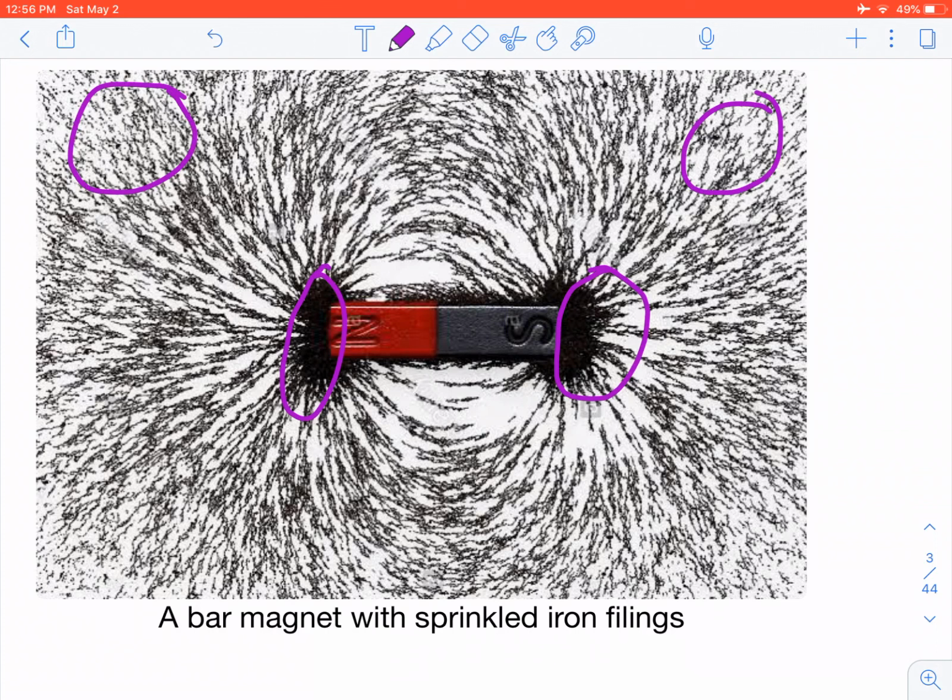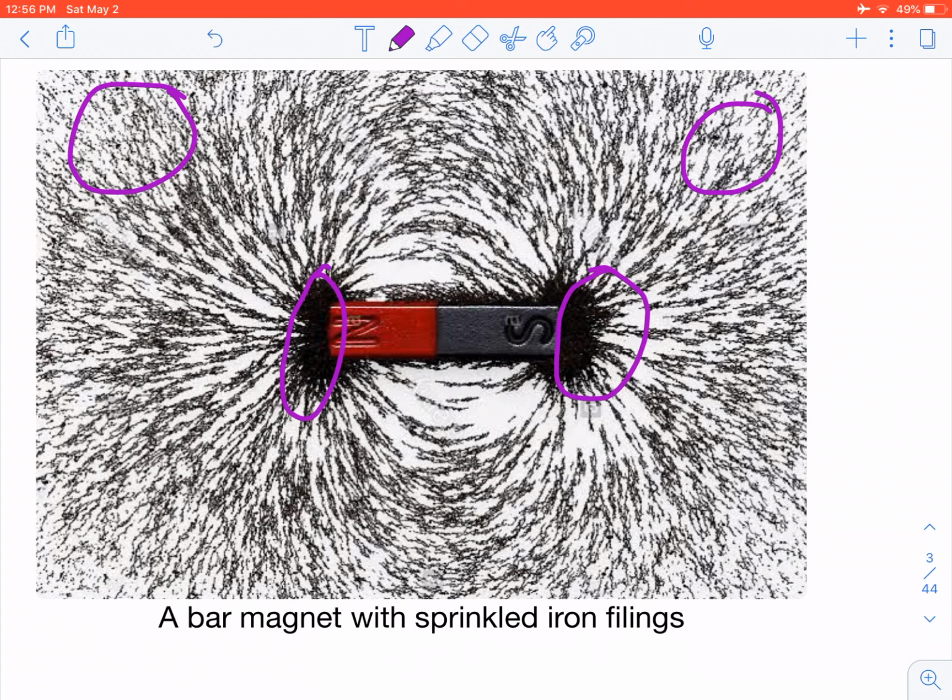So by looking at the distribution of these iron filings and their density, you get an indication, to an extent, of the strength of the magnetic field. You say, okay, something is happening around this particular magnet, and when we sprinkle iron filings around the magnet, it gives us a certain pattern.